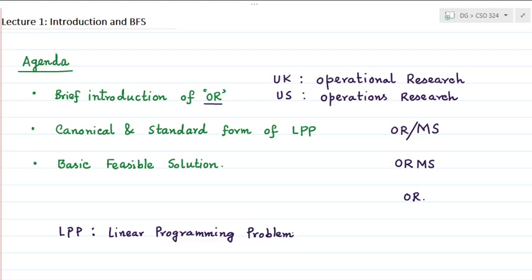The terminology operations research was around in the 1940s, or more precisely 1945 to the 50s. During that time, George Danzig, a US mathematician, developed the simplex method to solve the linear programming problem.